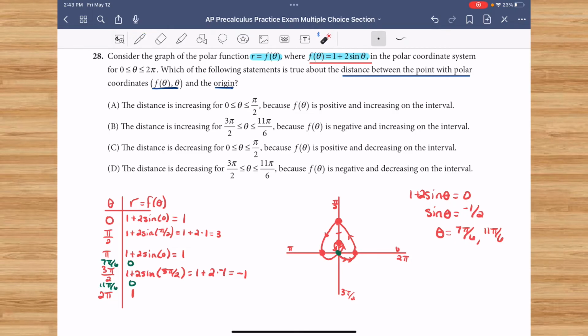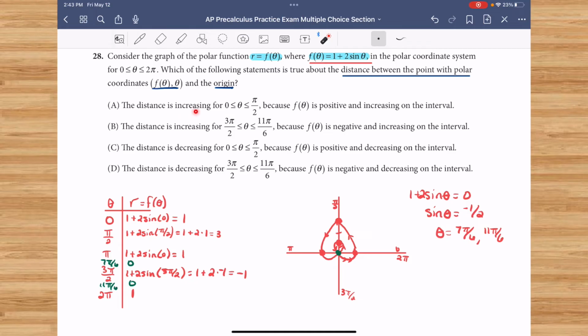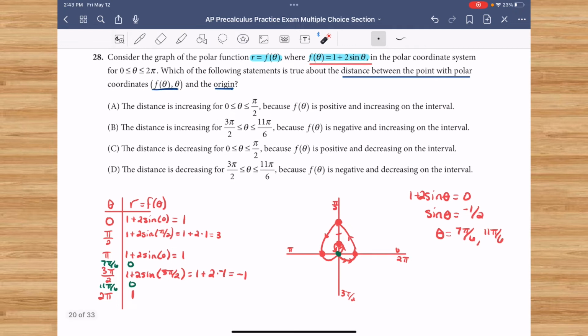Okay, so statement A says the distance is increasing. Again, we're talking about the distance between the origin and the ordered pair that is tracking along the polar curve. So the distance is increasing from 0 to 2 pi because f of theta is both positive and increasing on the interval. I think this is true, right?